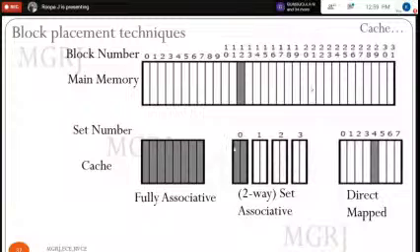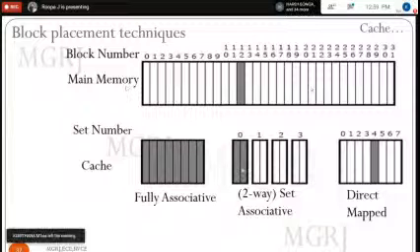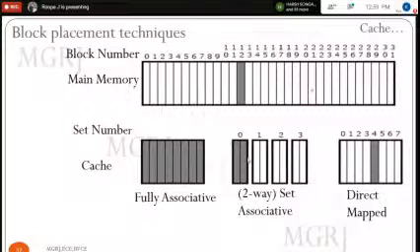That means either it can be brought to block 1 or block 2. Please listen here, block number 0 of your main memory can be brought to either this block or this block, or rather I would say block number 0 of the main memory can be brought to set 0. That is the meaning.